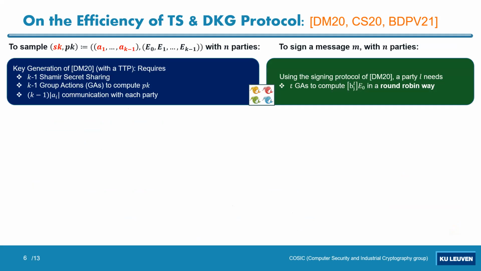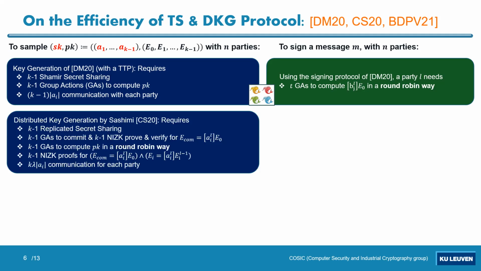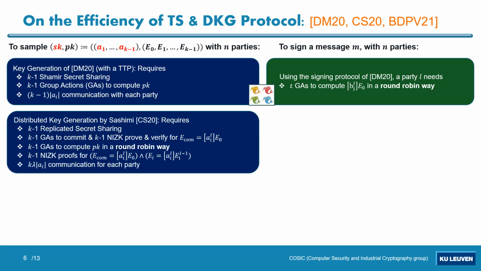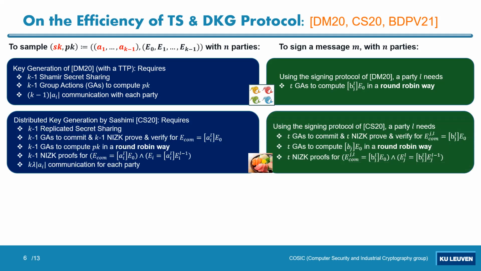I wouldn't go through the description of these algorithms, rather just go into the efficiency of these protocols in key generation and signing, by looking at the operations that they need to do, because we want to say that we can achieve efficiency by doing this with CSI-based protocols. So here I just have the key generation and the signing of, let's say, the passive one, and this is the Sashimi active one.